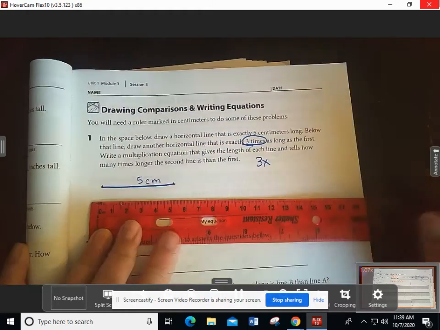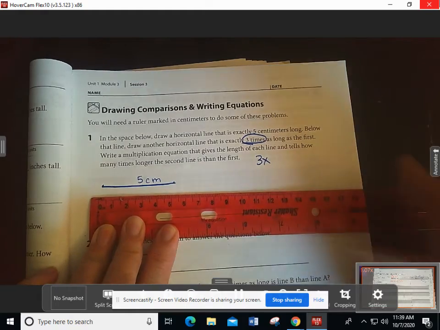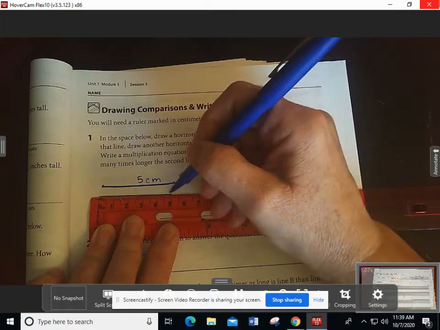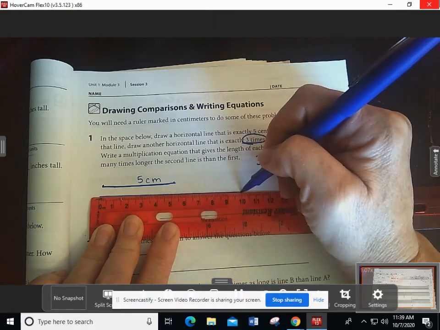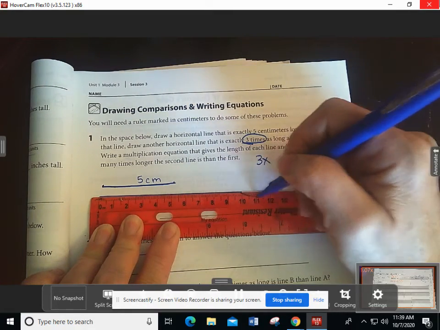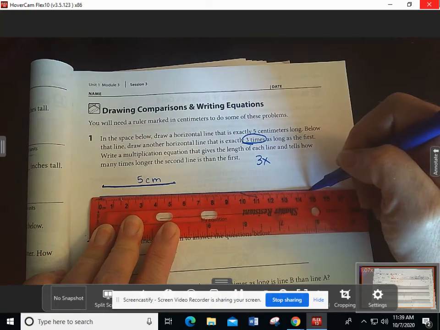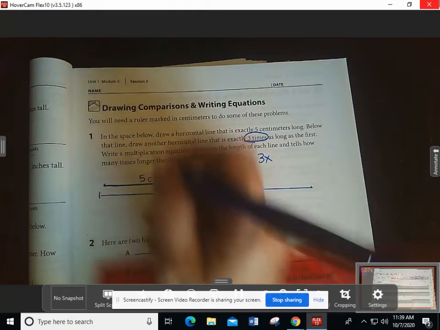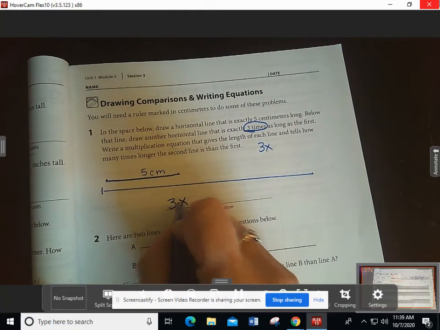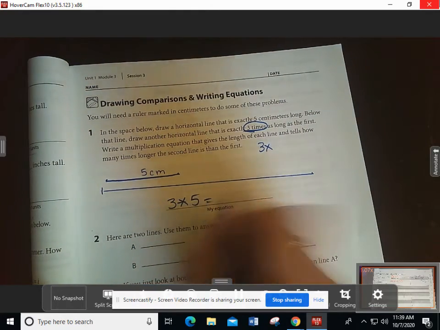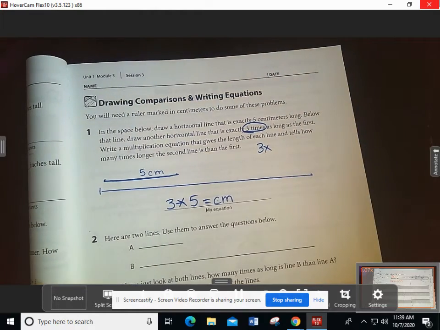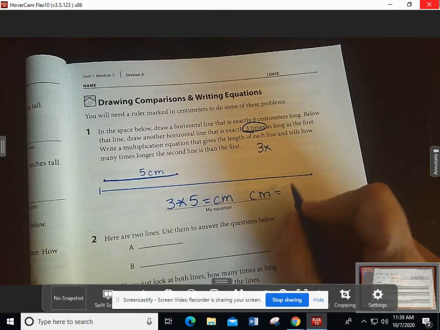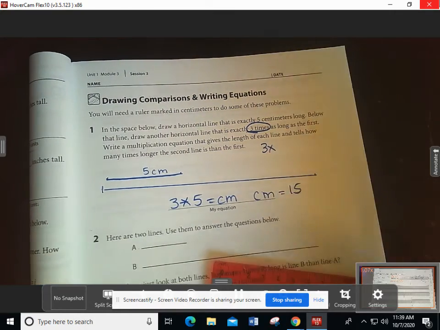Here's my first group of 5 centimeters and my second group of 5 centimeters and my third group of 5 centimeters. Or in other words, I did 3 groups of 5 centimeters. And my centimeters is 15.